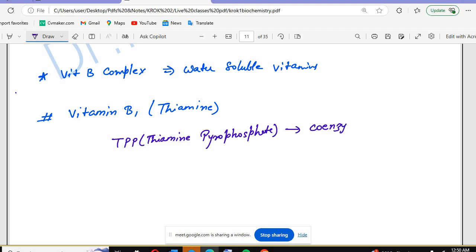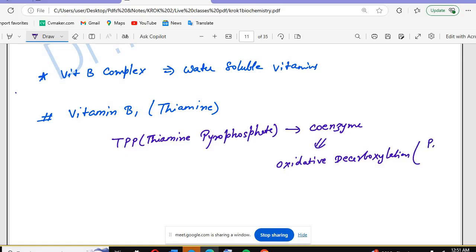This is used as the coenzyme and involved in oxidative decarboxylation. What happens in the oxidative decarboxylation?